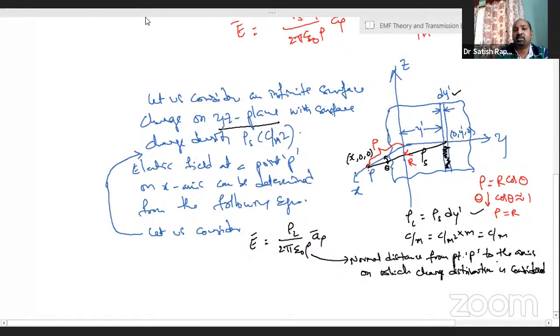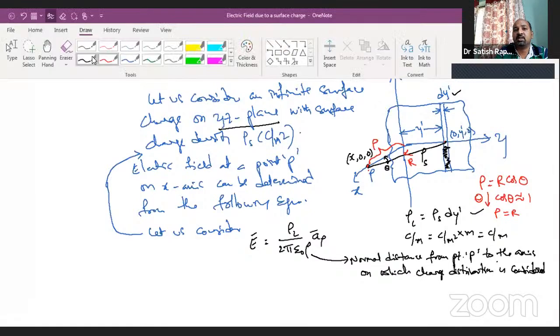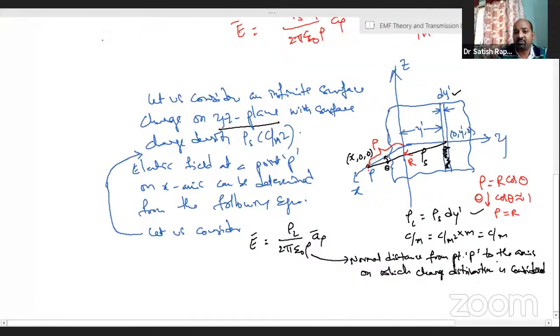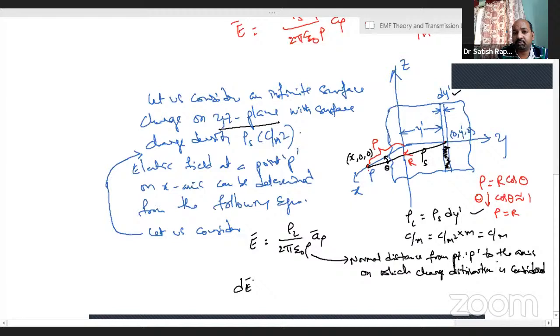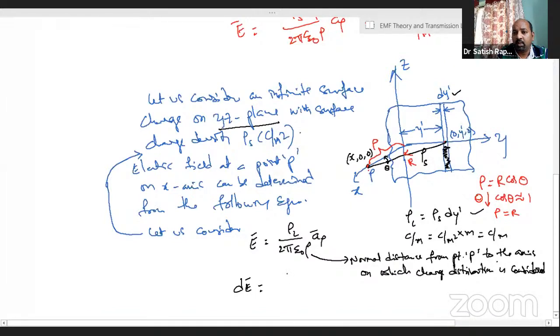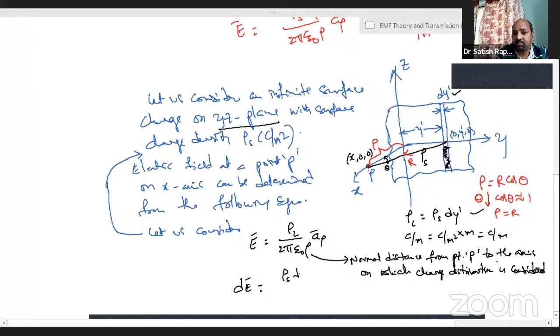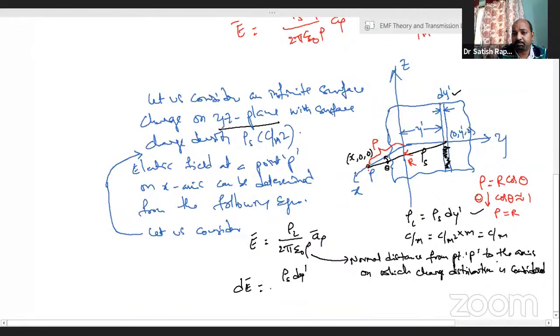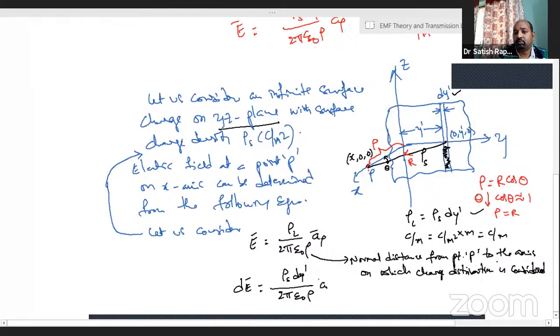So therefore, we can write dE bar is equal to rho s dy' divided by 2 pi epsilon naught rho, a rho bar.